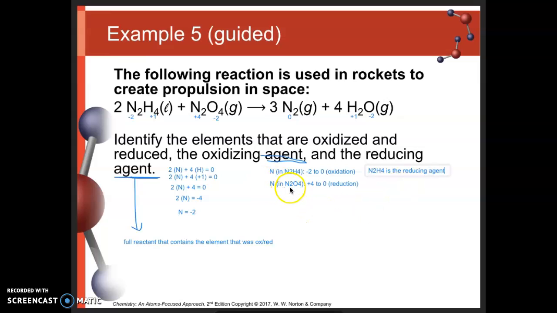And the nitrogen in the dinitrogen tetroxide was reduced. That means that the dinitrogen tetroxide is the oxidizing agent. So it's not just nitrogen that was the reducing agent and nitrogen being the oxidizing agent. That's actually fundamentally incorrect. It is the reactant that contains them that is the oxidizing agent or the reducing agent.